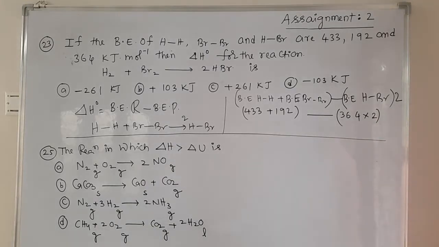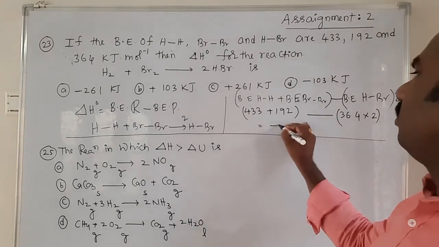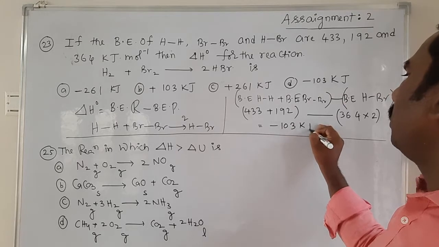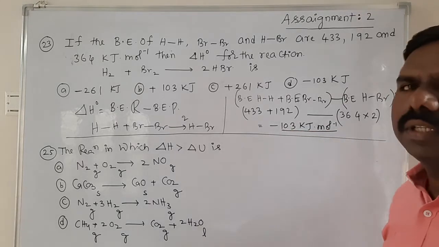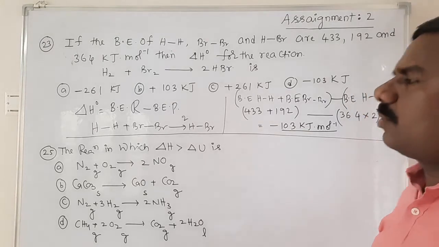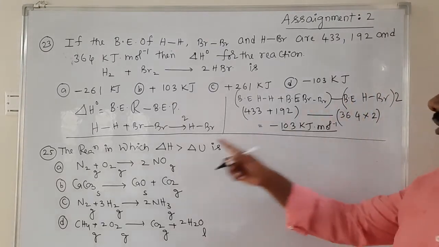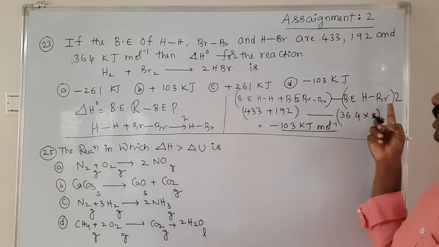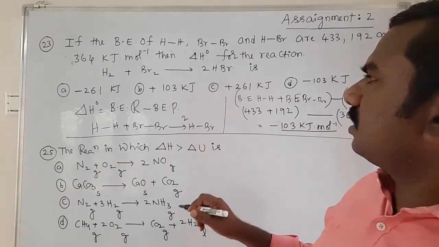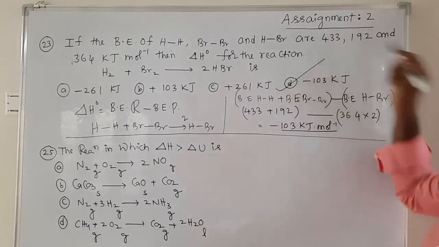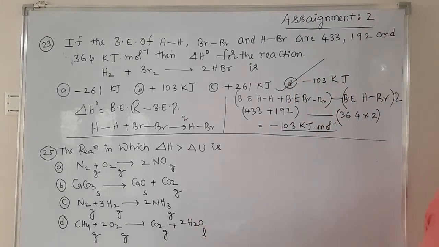The answer will be minus 103 kilojoules per mole. Reactants minus products. Products, 2 are there, 2 HBr. That's why HBr into 2, then you get this answer. So minus 103. It means option D is correct.